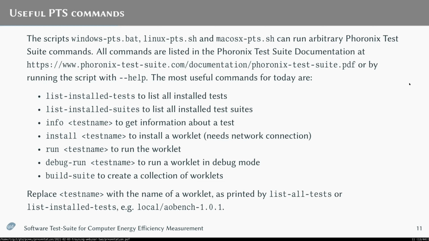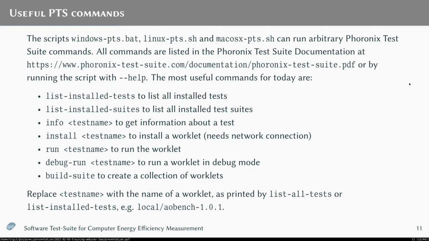You can do a debug run, which is very useful if you have a worklet which doesn't behave like it should. And you have a build suite command, which is actually very convenient to create collections of worklets for your customized testing. In each of the commands, you have to replace test name with the name of the worklet.